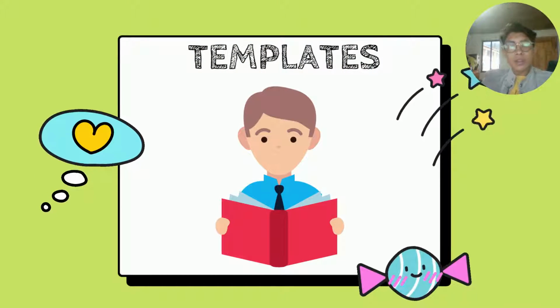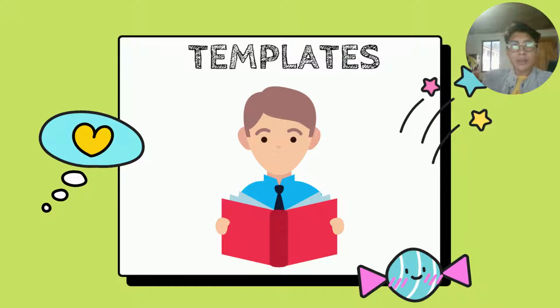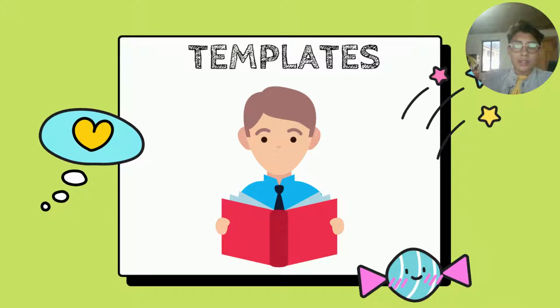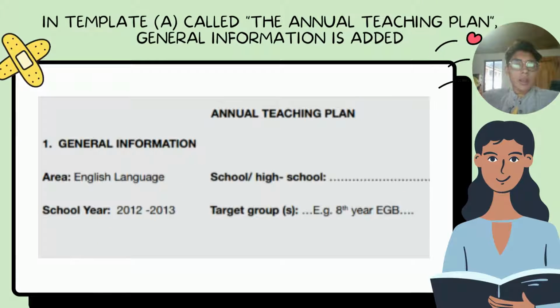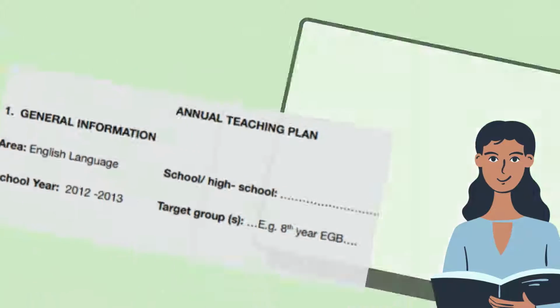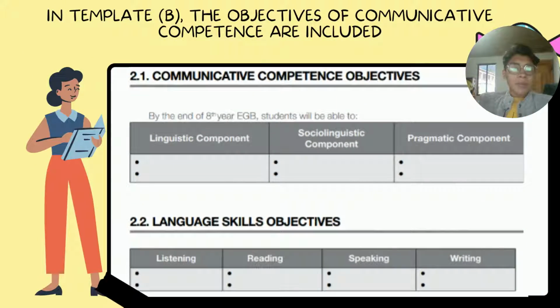Well, in the National English Curriculum of Ecuador, we find several templates at the time of development. In template A, called the annual teaching plan, general information is added, and the name of the school year, the objectives, etc. Information such as the authors, class schedules, and lines of education, etc. In template B, the objectives of communicative competence are included.